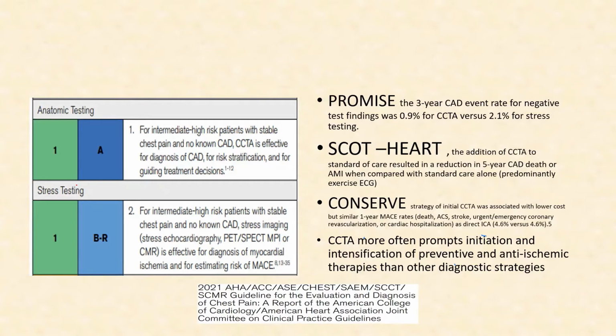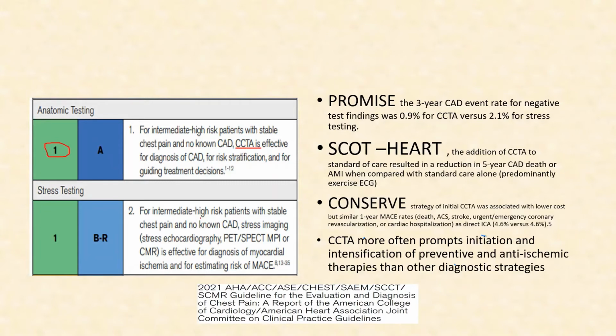So for an intermediate to high risk patient with stable chest pain and no known coronary artery disease, CTA is effective for diagnosis, for risk stratification, and for guiding treatment decisions. So it's class 1, okay? Cardiac CT is class 1 for intermediate risk patients.